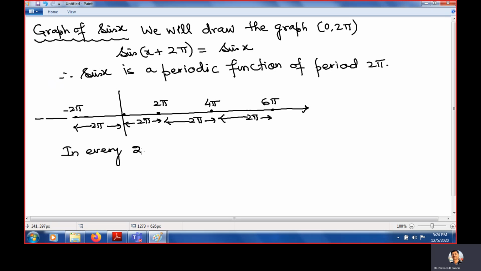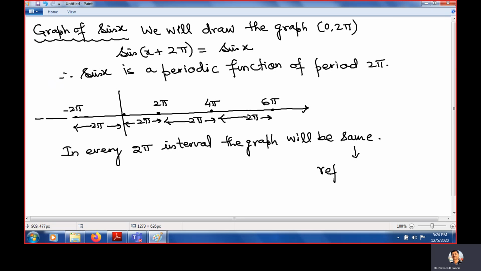So in every 2 pi interval, the graph will be the same. Same means repeating. So in case of sin x, if we can draw the graph between 0 to 2 pi, the rest of the graph will be the same.